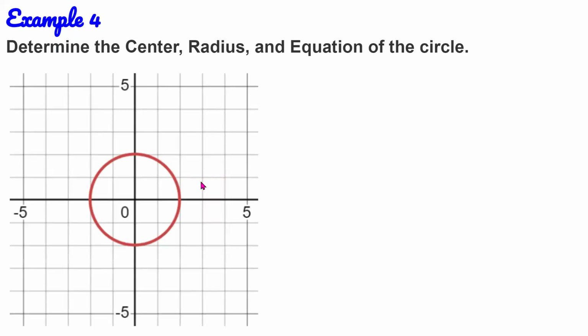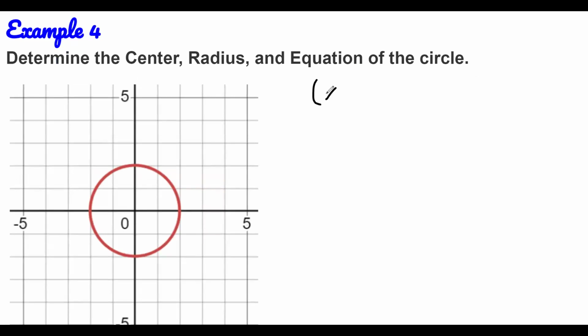We know that it has the parts that we need. So I'm gonna go and write my equation first. Let's see. I need x minus h squared plus y minus k squared and my radius squared. What 3 things do I need to write the equation? I need what?